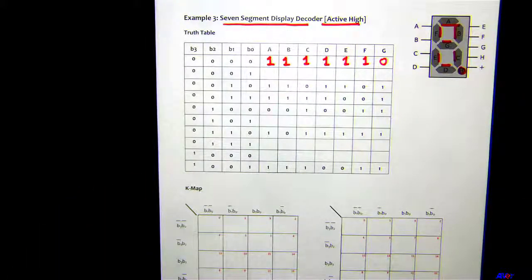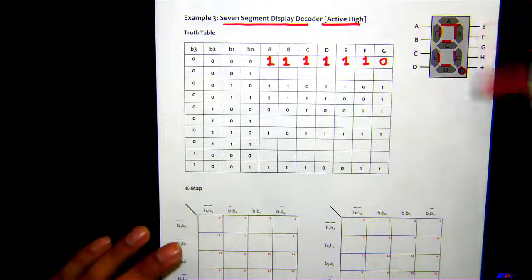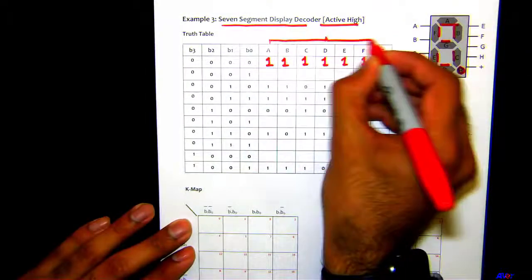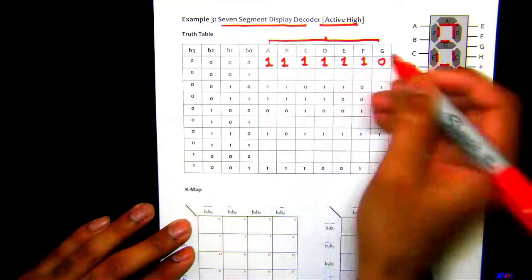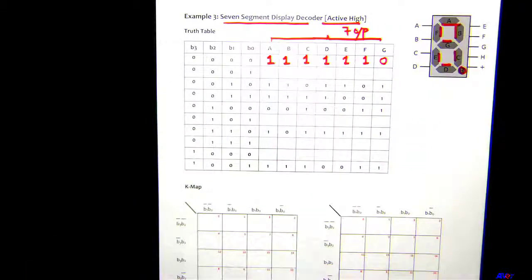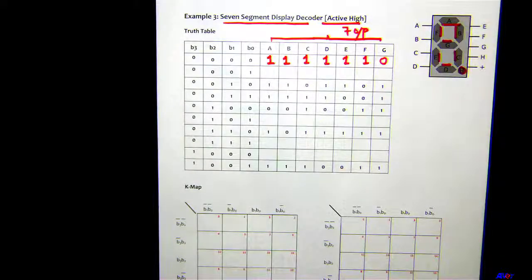What would be the output for 0, 0, 0, 1? Because we have 7 segments here, these are our 7 outputs right here: A, B, C, D, E, F, G. In order to display 1, which segments need to be turned on?